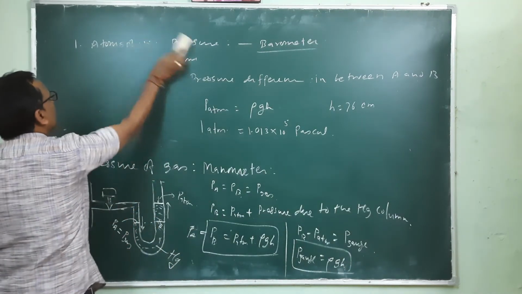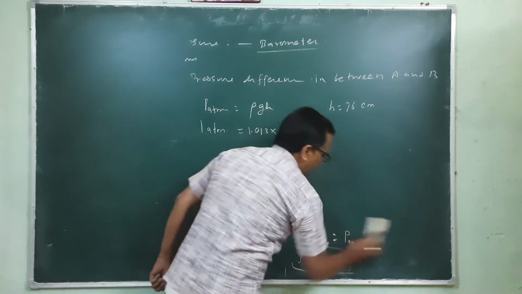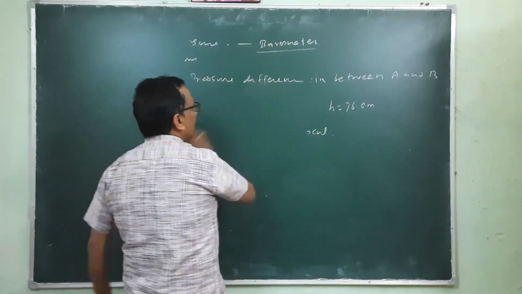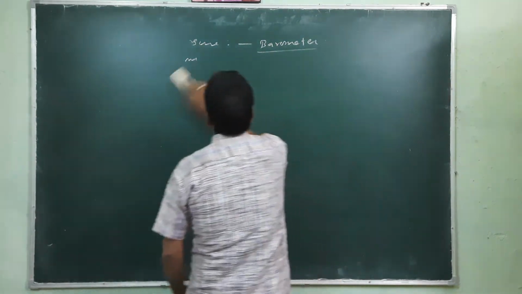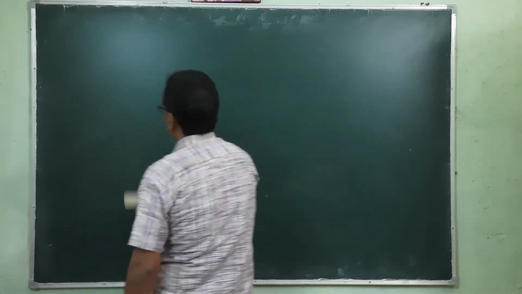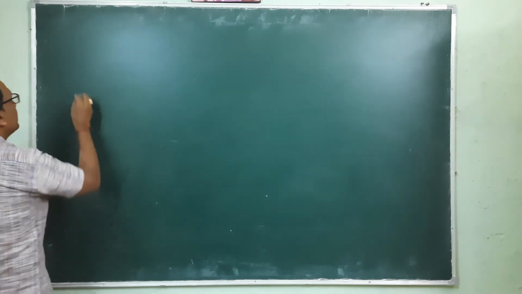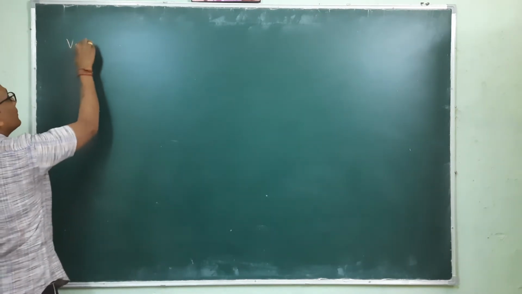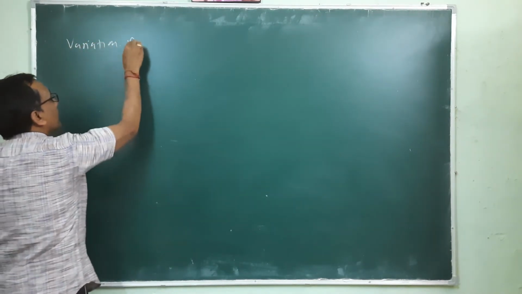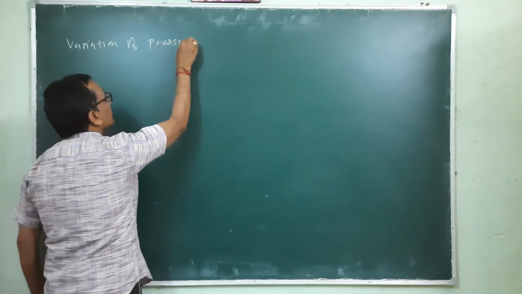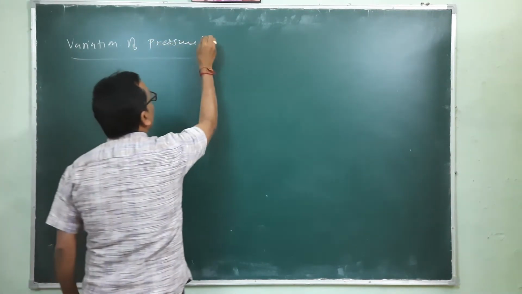Now, the variation of pressure at different points of a liquid. So let us look at the variation of pressure in different kinds of liquid column.